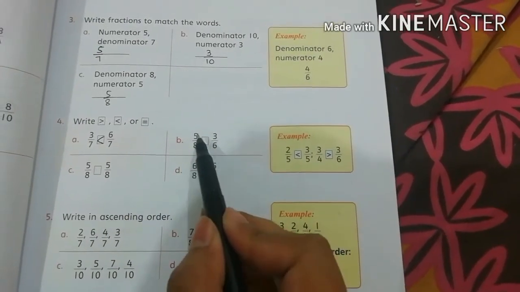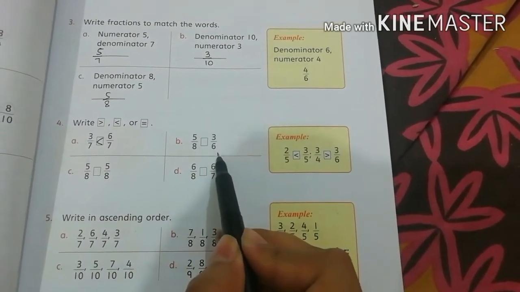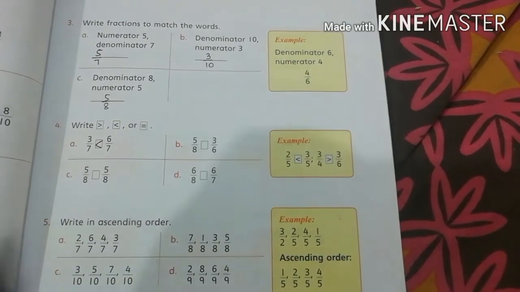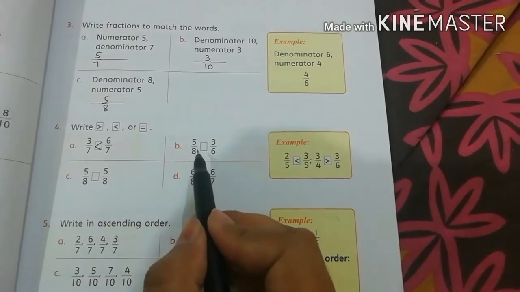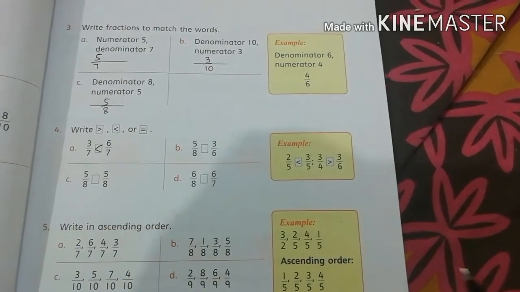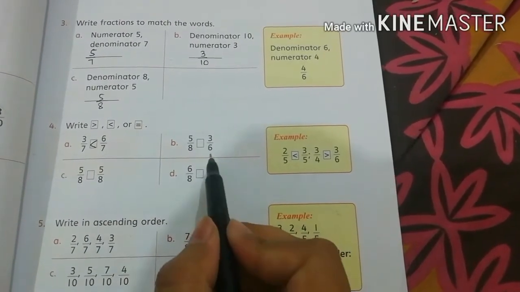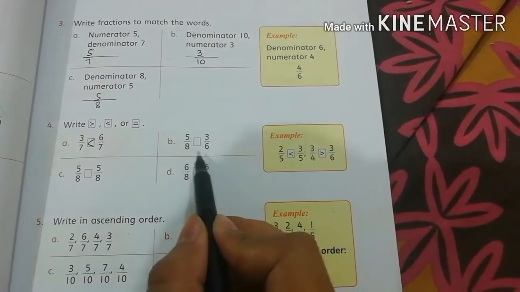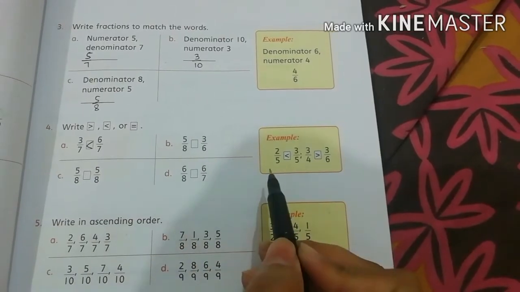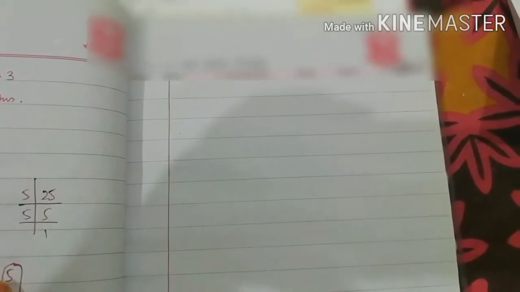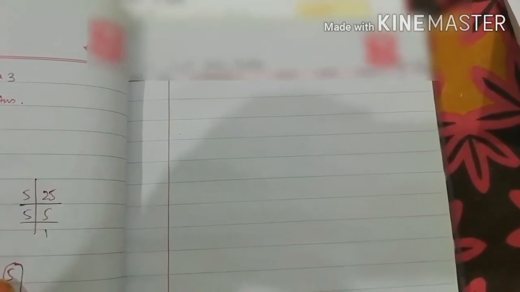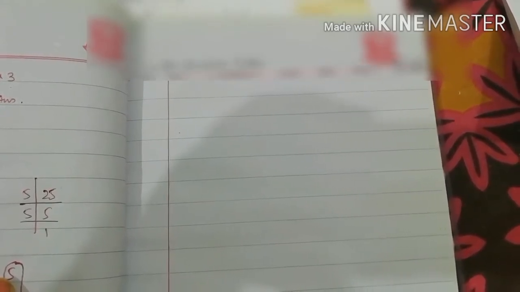Part B, 5 by 8 and 3 by 6. In this part, we have different numerators and different denominators. So what we can do, first we will make the denominator same through LCM. Dear students, we have to observe which number is divisible by both these numbers.